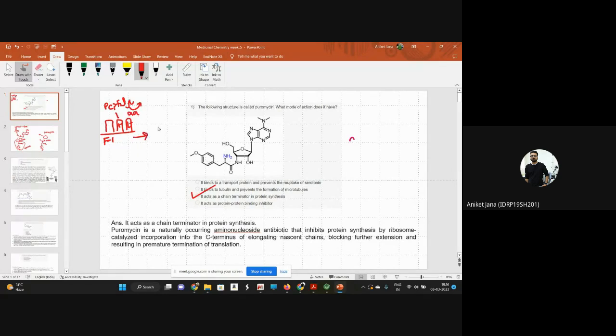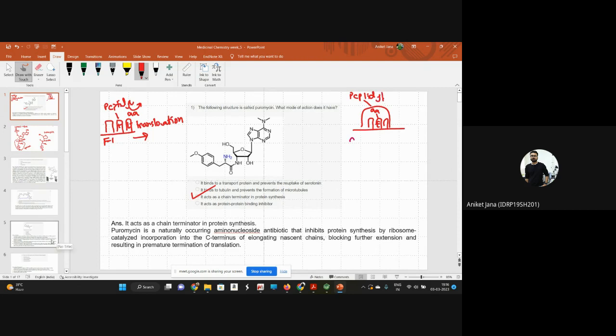Then after translocation, this is also tRNA, here, and this is the translation elongation process.